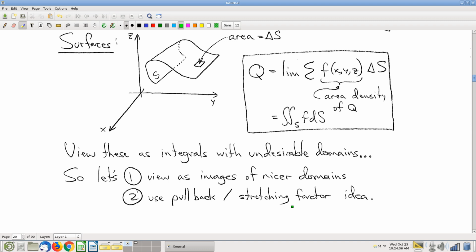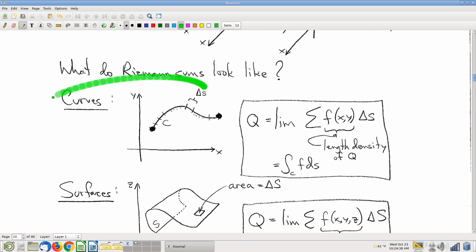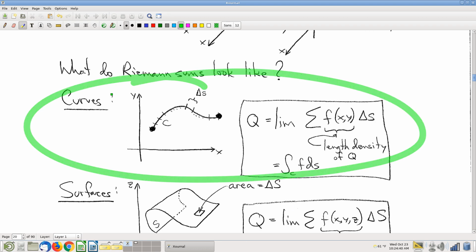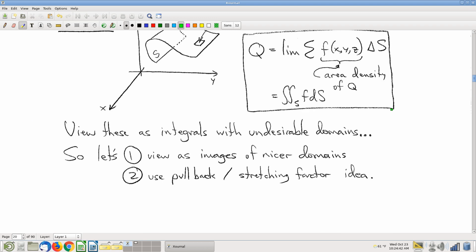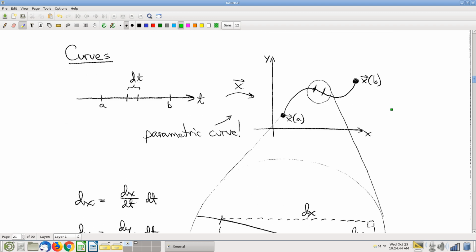Okay, so I'm going to start off with curves and line integrals real quick. We're going to switch to surfaces right after this. The book does a thing that I think is a little unnatural, but this is my opinion, where the book doesn't even bring up curves and line integrals until after it's already done most of the work on dealing with surface integrals.